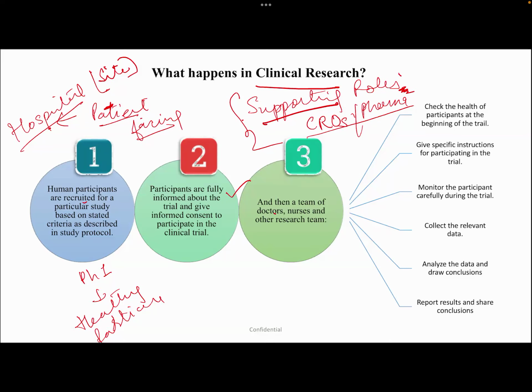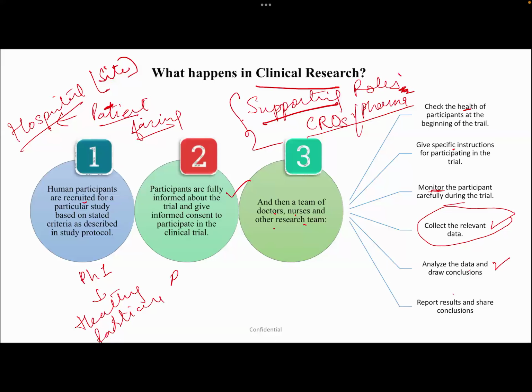Then the team of doctors, nurses and other research team check the health of research participants, give them specific instructions, monitor their progress in a clinical trial, and collect relevant data, which is very important. Then the SAS team analyzes the data, reports the result and shares the conclusion. This, in a crux, is what clinical research is.